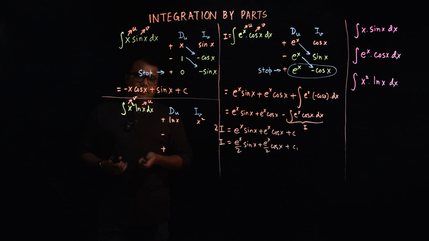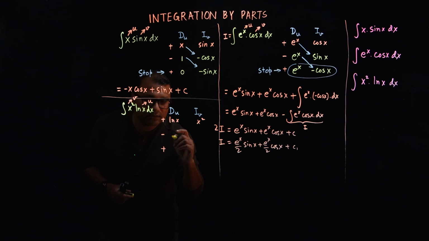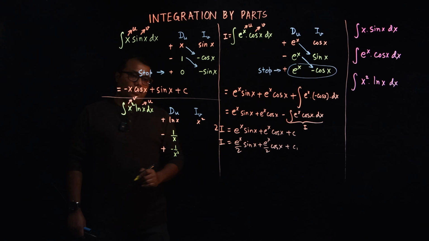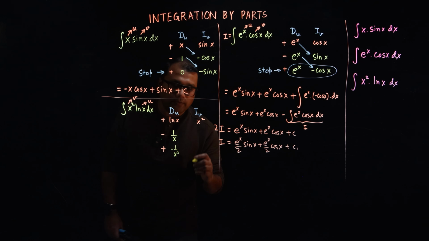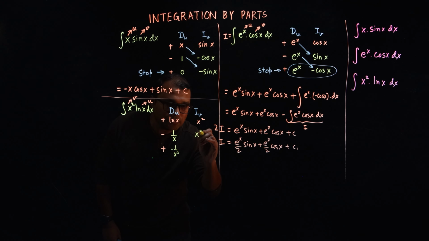Now, let us differentiate ln x, it is 1 by x. If we differentiate one more time, then it is minus 1 by x square. If we integrate x square, it becomes x cube by 3. If we integrate it one more time, it becomes x4 by 12.